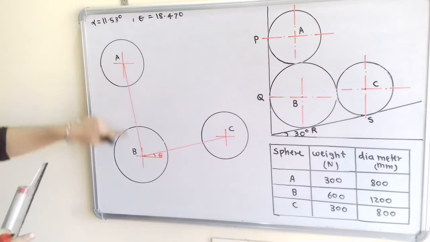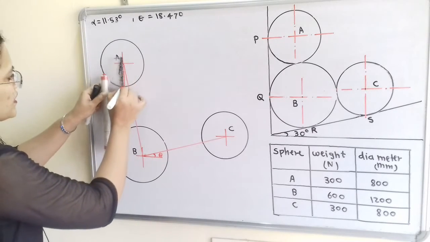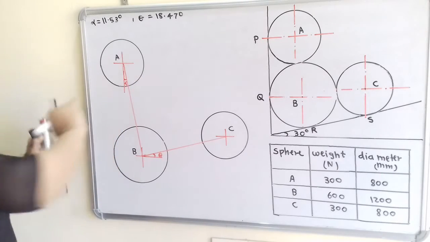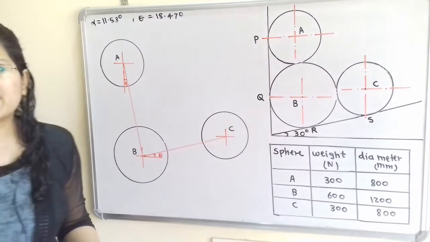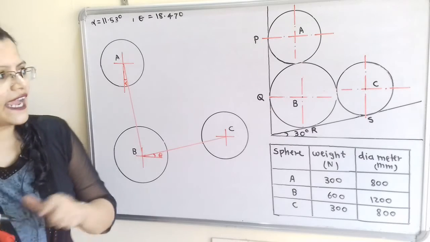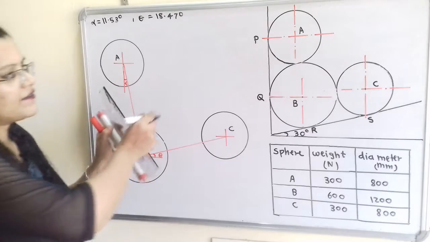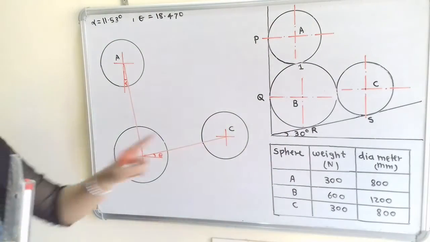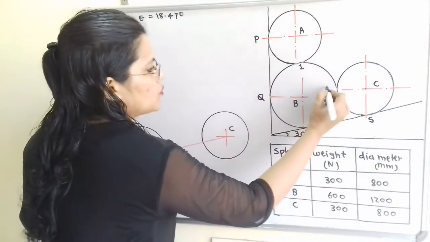And the angle of inclination of this AB with the vertical is equal to alpha, and it is equal to 11.53 degree. Now we will observe the given diagram, and there is the point of contact between sphere A and B, and this point of contact we will give the number 1, and there is the point of contact between sphere B and C, and we will give here the number 2.